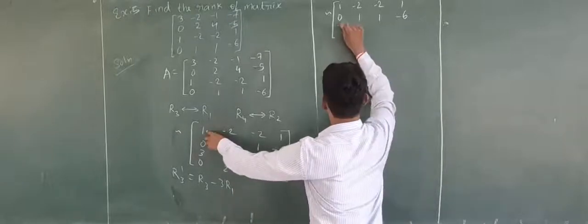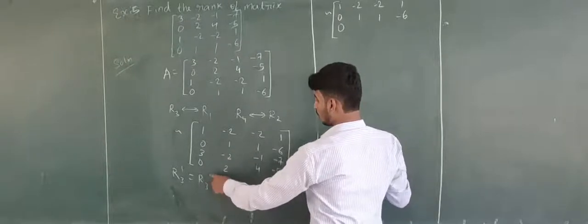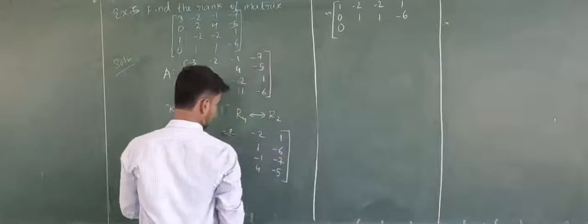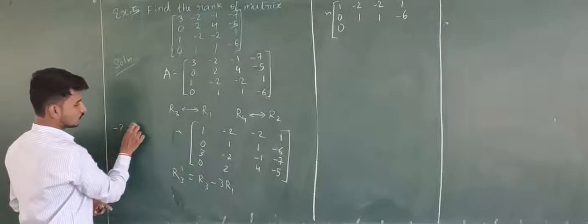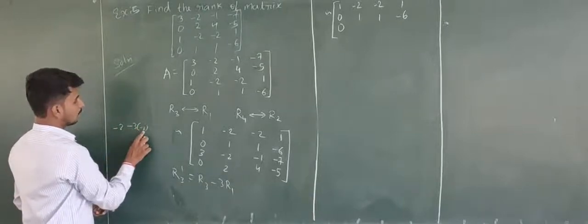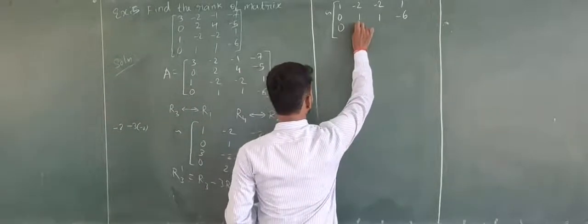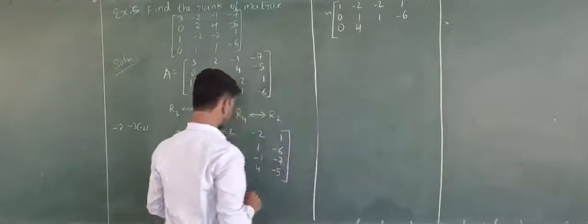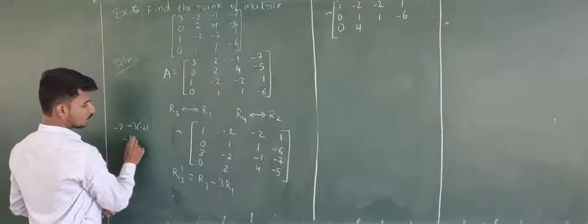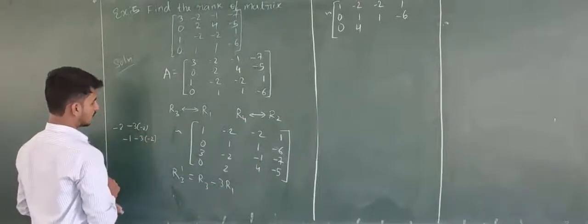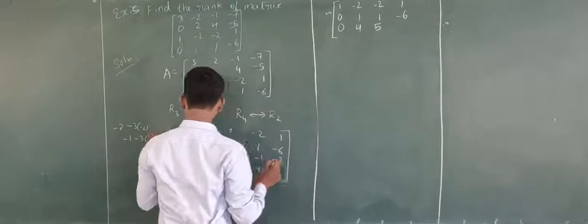3 minus 3 will be 0. Next -2, -2: R3 is -2, -2, minus 3 into minus 2. Minus 3 into minus 2 is plus 6. Plus 6 minus 2 will be plus 4. Next, -1, minus 3 of minus 2, that is plus 6, minus 1, that is 5.